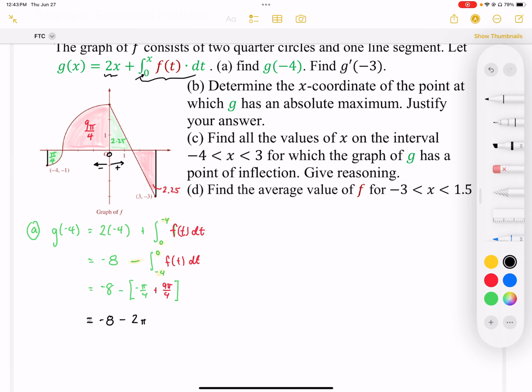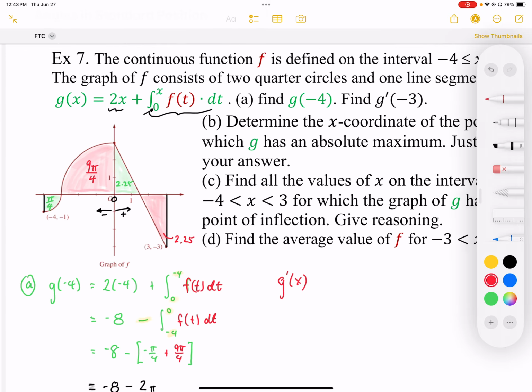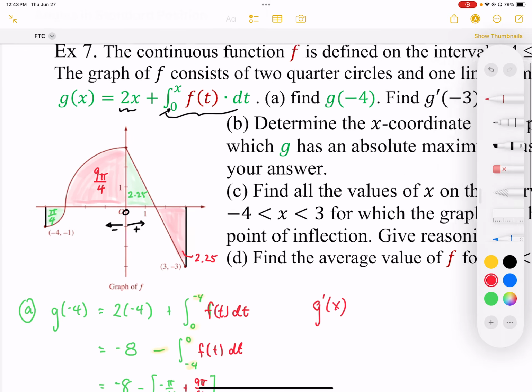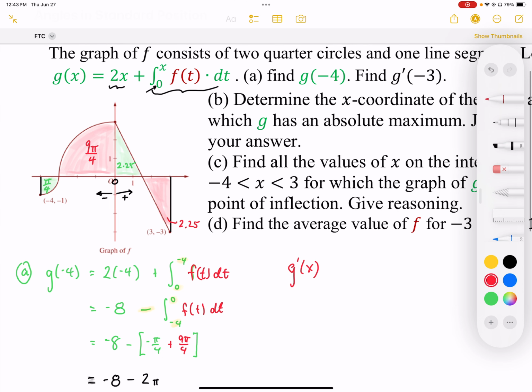The question also asks, find g prime at -3. Well, for g prime, I need to first define g prime. It's the derivative of my g graph. So taking a look at my g graph, I need to differentiate the 2x first, and then the derivative of the integral.